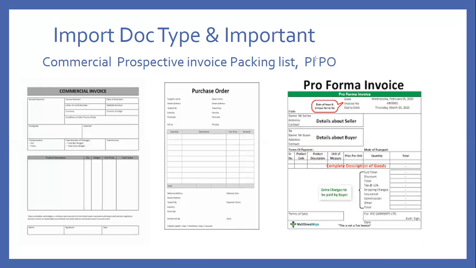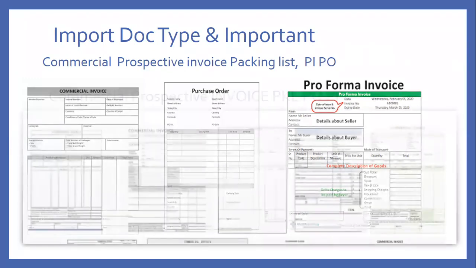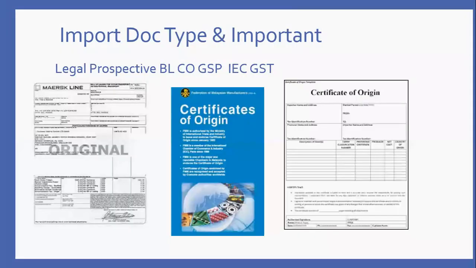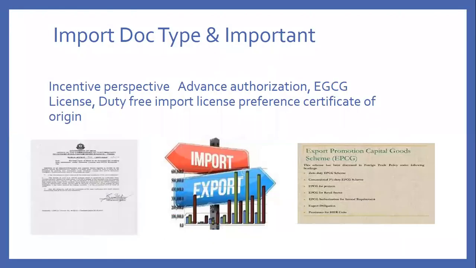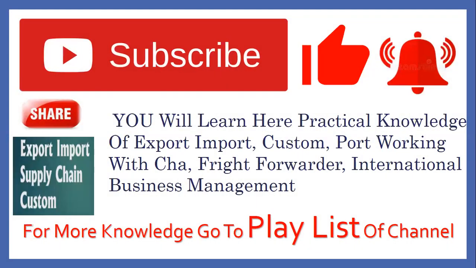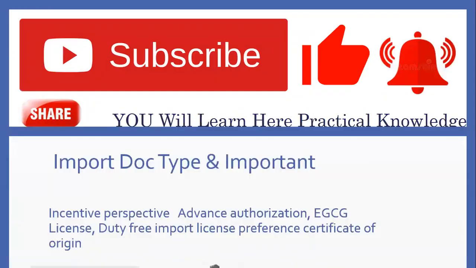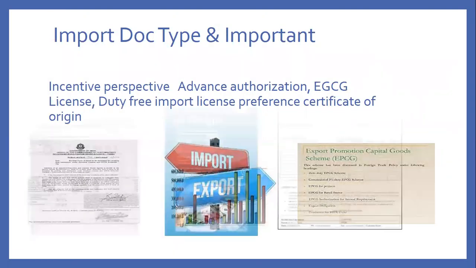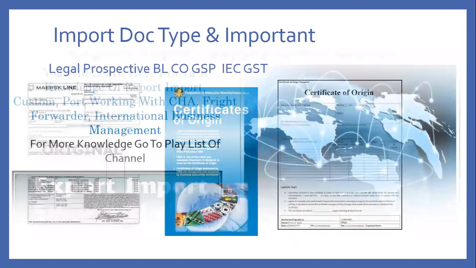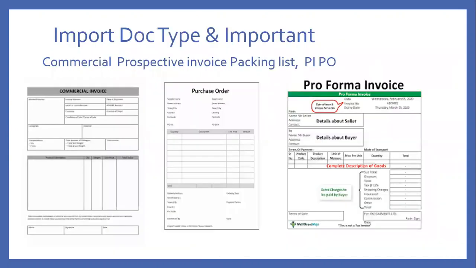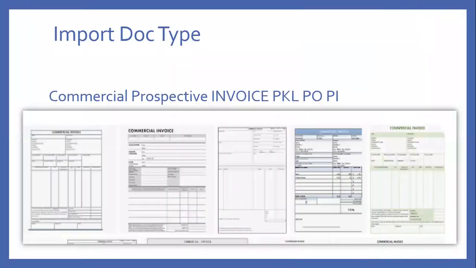Just like we are exporting 20 containers of motorcycles, we need to mention the model number of the motorcycle, chassis number, engine number, all the things we need to update in the packing list. Other than this, weight per unit and total weight. These details need to be mentioned in the packing list.